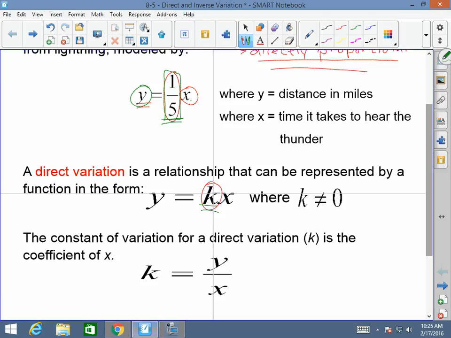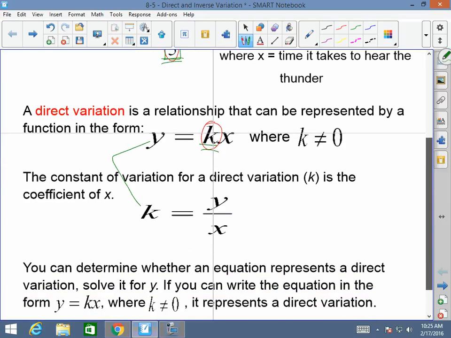Now, in order to find your k, you can simply divide both sides by x, and k equals y over x. A lot of times, people don't want to memorize both formulas, which I totally understand. So be able to manipulate this formula, though.